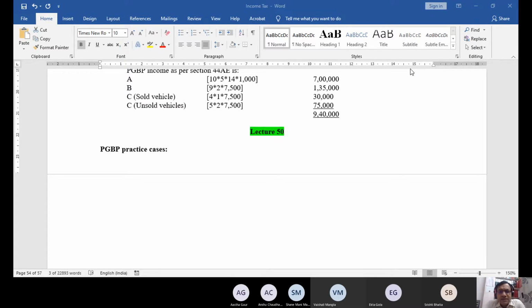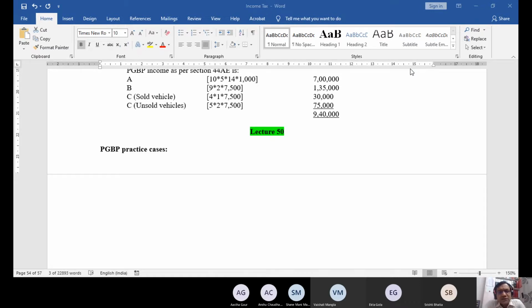You can easily learn the chapter PGBP with the help of this structure in your mind. Section 30 to 35 DDA, section 36, section 37 subsection 1 and section 37 2b, these four categories of sections deal with expenditures which can be shown on the debit side. Only those expenditures can be shown on the debit side which are covered under these sections.